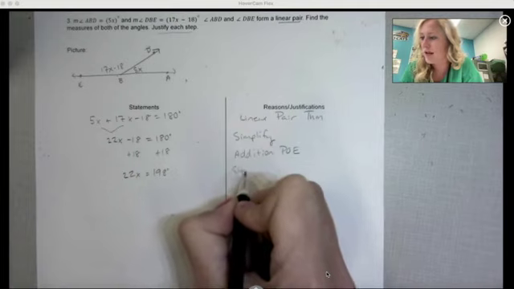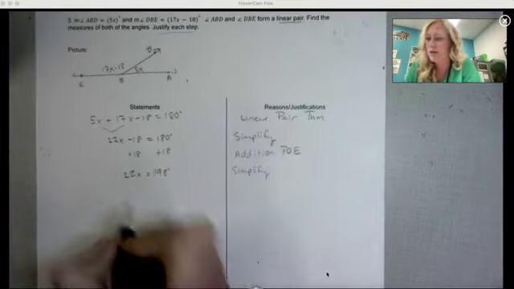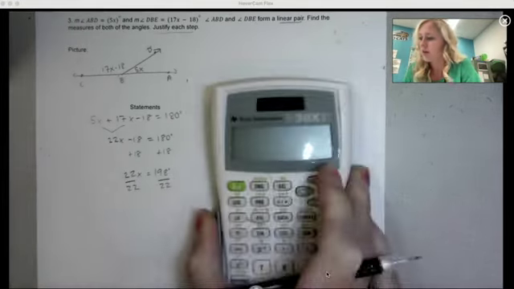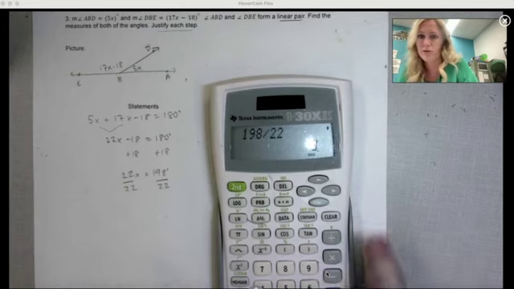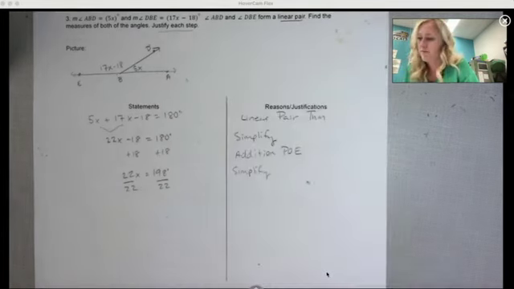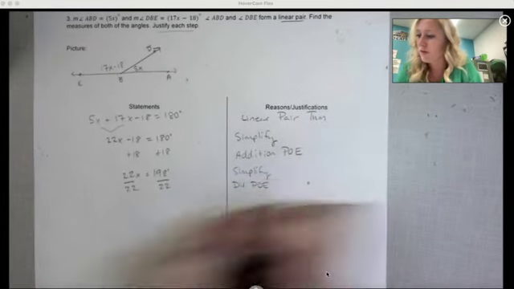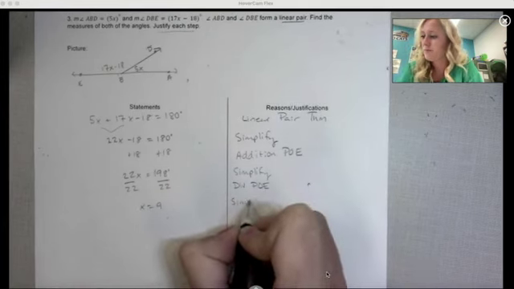Remember, after a property of equality, we always simplify. Now we're going to divide both sides by 22. We've got 198 divided by 22, and we get 9, and that was the division POE. When we do the division, we get x equals 9 when we simplify.